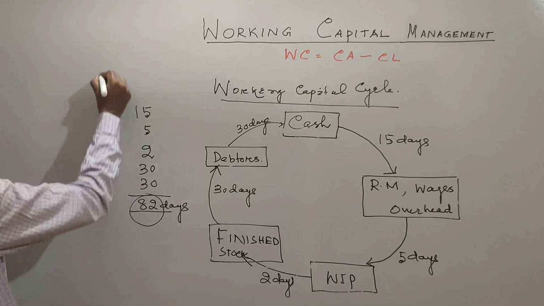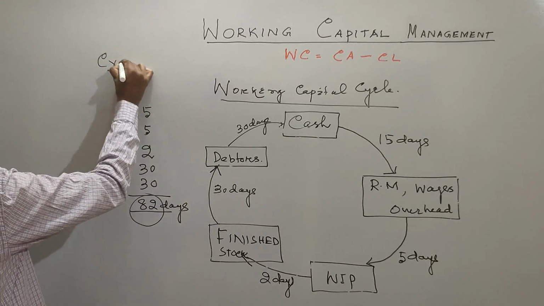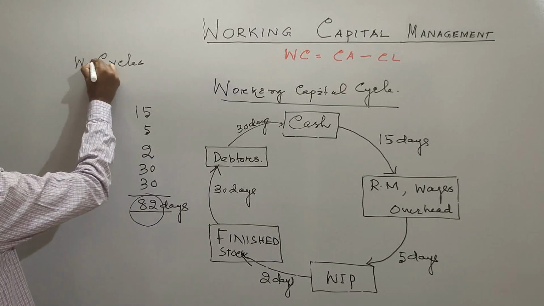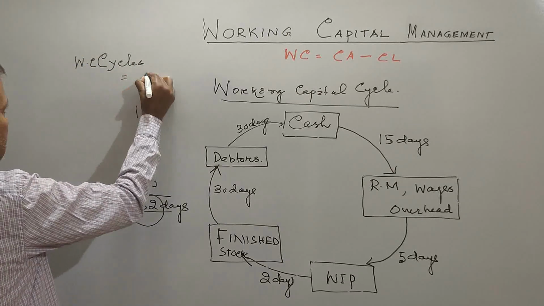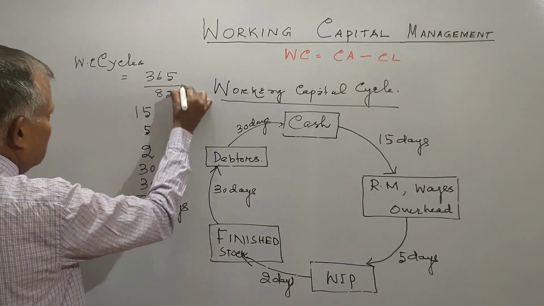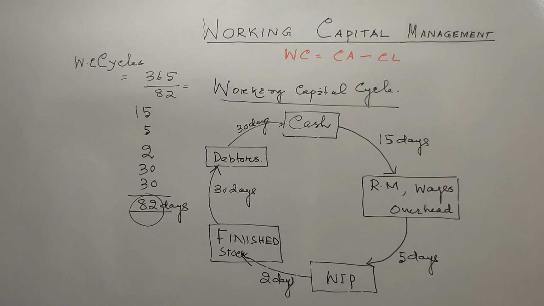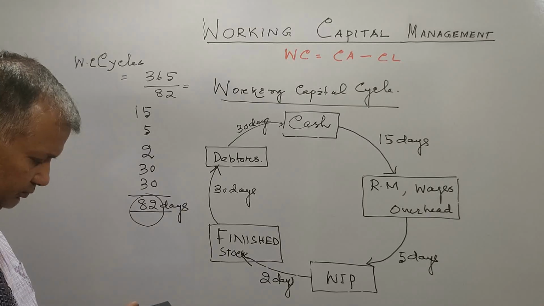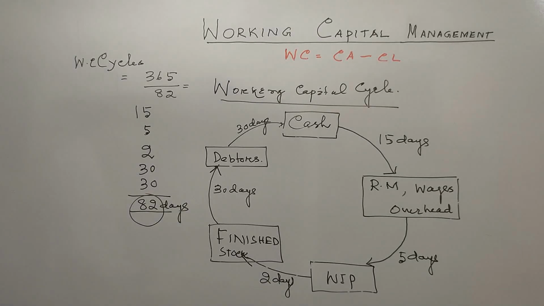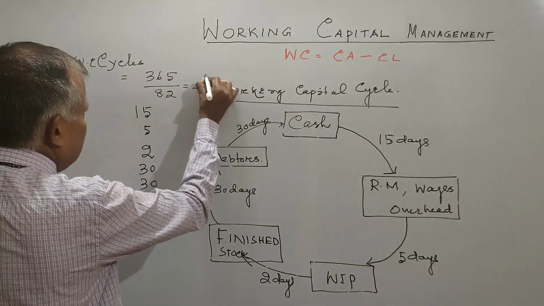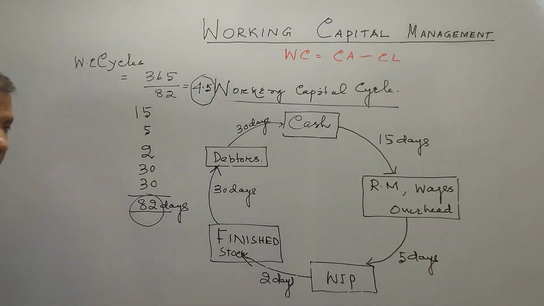So how many working capital cycles are there in a year? 365 divided by 82 comes to approximately 4.5 cycles in a year.